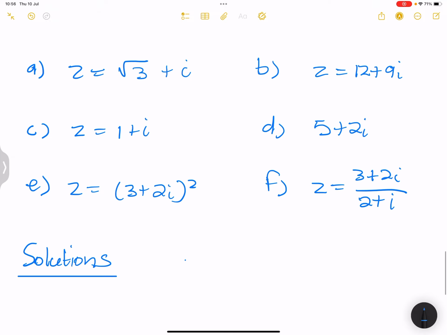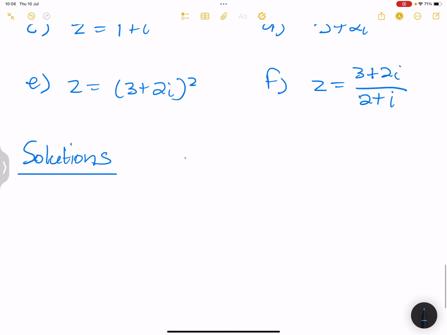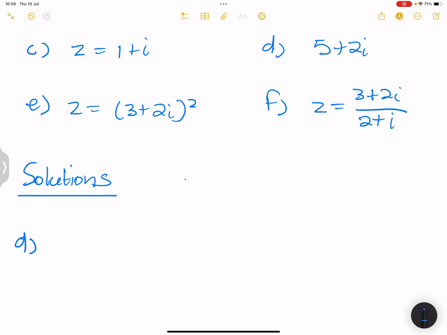So I've already done A, B, and C in our previous video for this section. Now let's look at how to go about D. I think that you probably got D correctly if you tried it. We had Z equals 5 plus 2i.